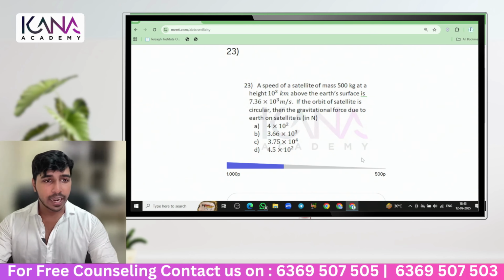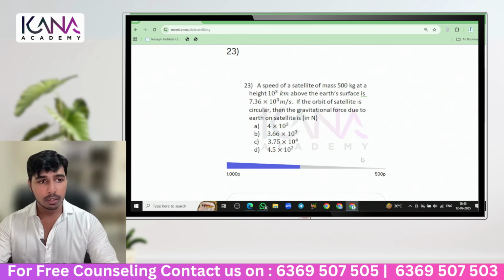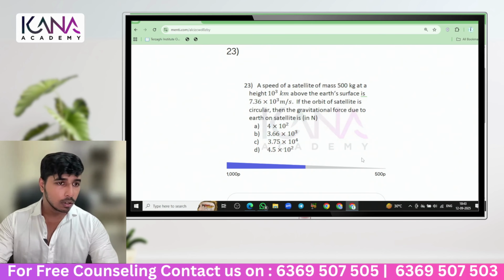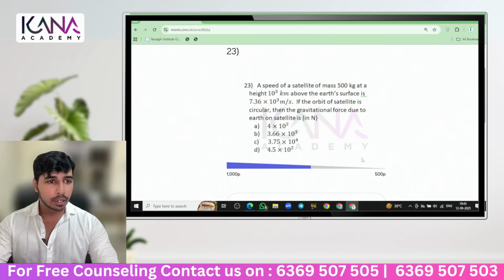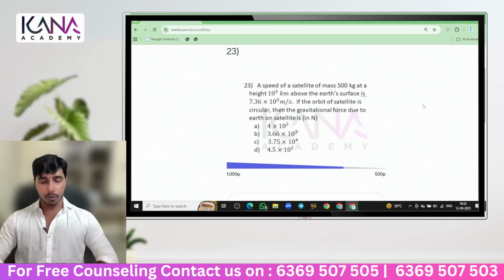If the orbit of the satellite is circular, then the gravitational force due to the Earth on the satellite in N is: 4 into 10 to the power 12, 3.66 into 10 to the power 3, 3.75 into 10 to the power 4, 4.5 into 10 to the power 2.